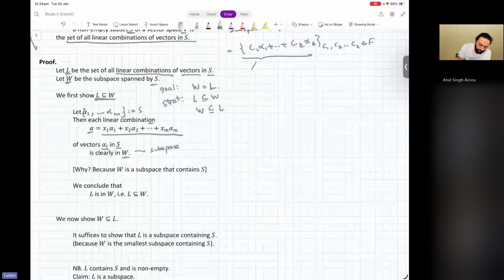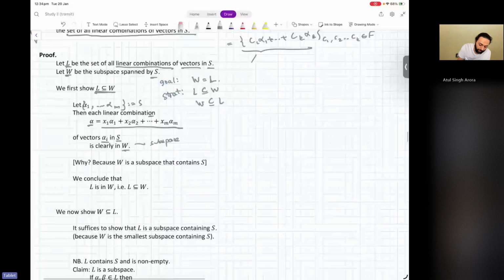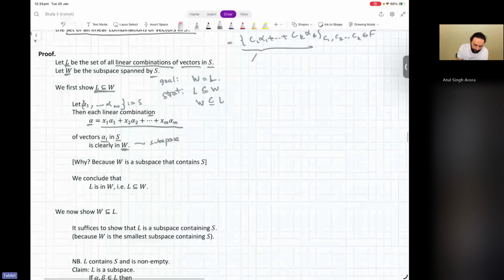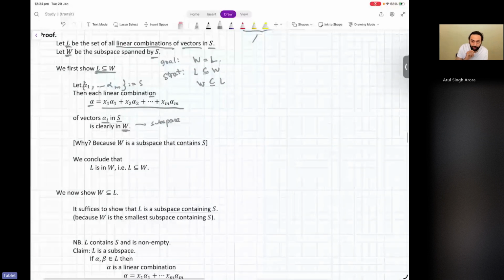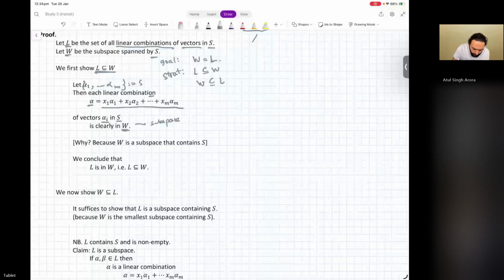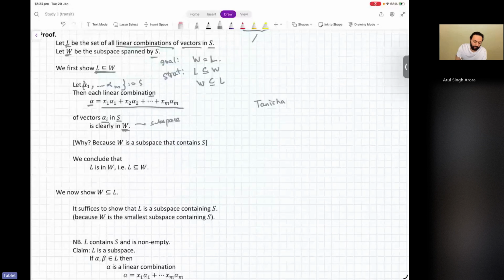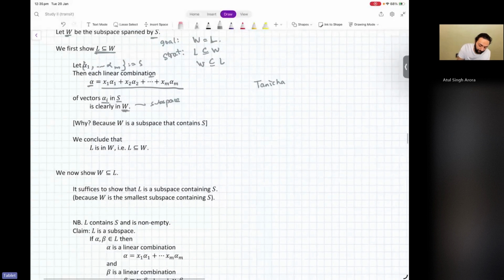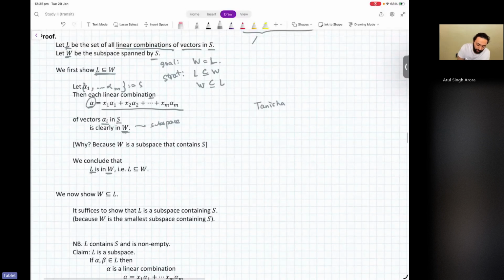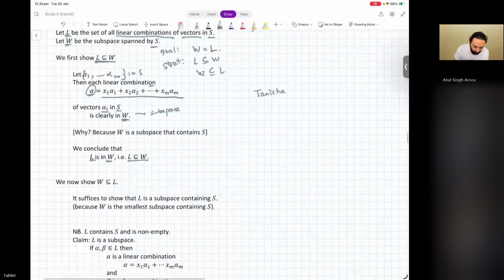So it's clear that linear combinations will be in W because W is a subspace that contains these vectors. That's exactly like Tanisha said. So now we conclude that L is in W, because we've shown that every linear combination is already in W, so this part is done. This is straightforward? Yes.